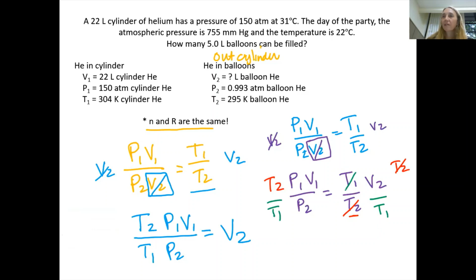When I do that, the T1 cancels with the T1 here. Everything on this side is canceled except for the V2, and you get V2 equals T2 times P1 V1 over T1 P2. Does that make sense?